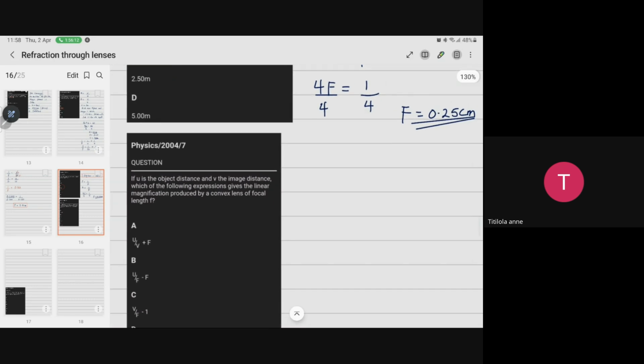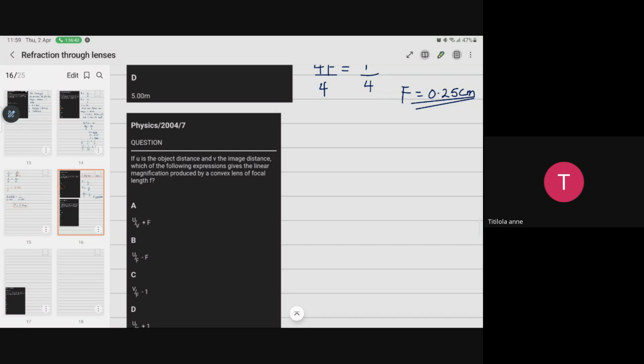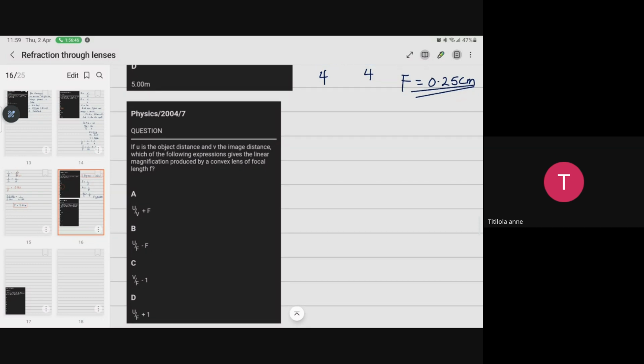So the next one says, if U is the object distance and V is the image distance, which of the following expressions gives the linear magnification produced by a convex lens of focal length F? So what's the answer? See that derivation that Meso did that day. It's similar to that derivation.